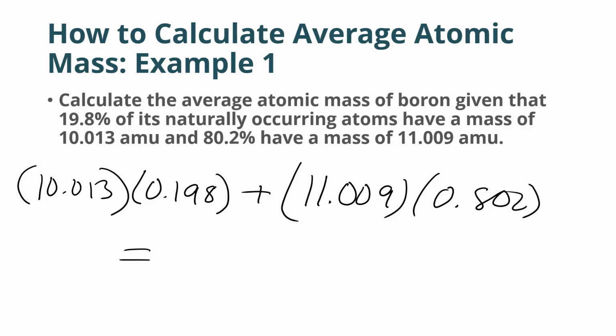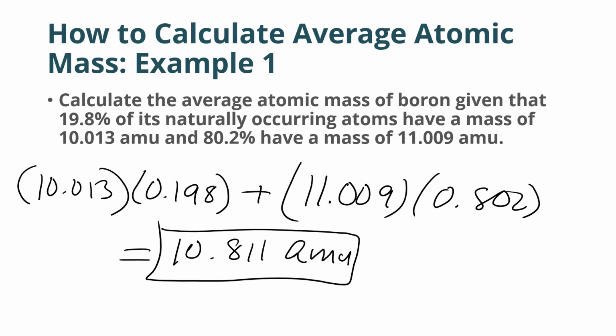So I do my math, and I got 10.811 AMUs, which is the one that we get on our periodic table.